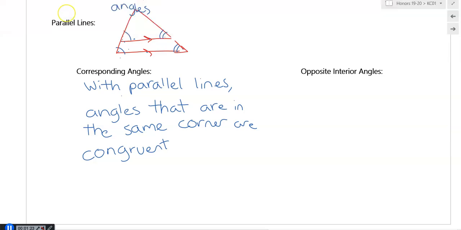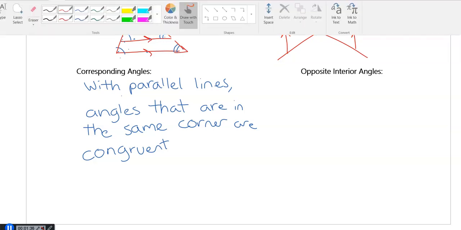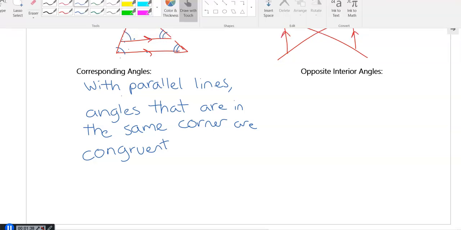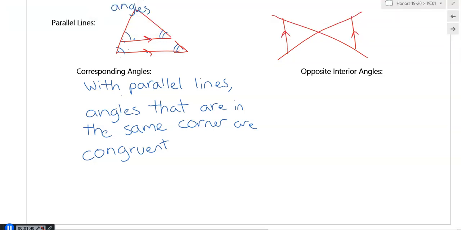The other type you might see is sometimes they'll have parallel lines like this, and they'll cross like this. Okay, this is our other parallel line. Then we have what we call opposite interior angles. They're both inside the parallel lines, but on opposite sides.